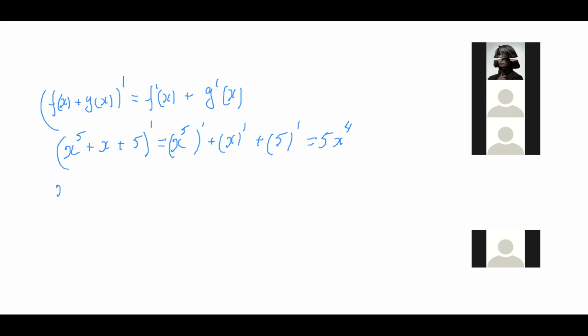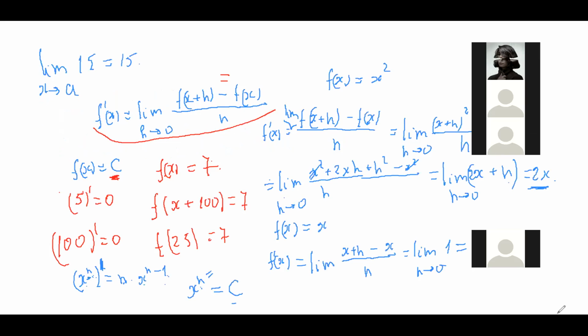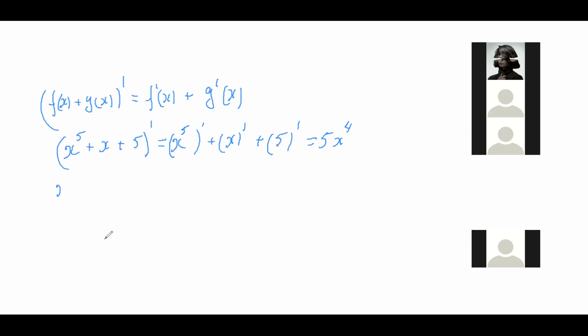We said it, I will show it again, look here. Based on the definition of the derivative, we found that when f(x) equals x, the derivative of x is 1. And we can also do it by the power rule.